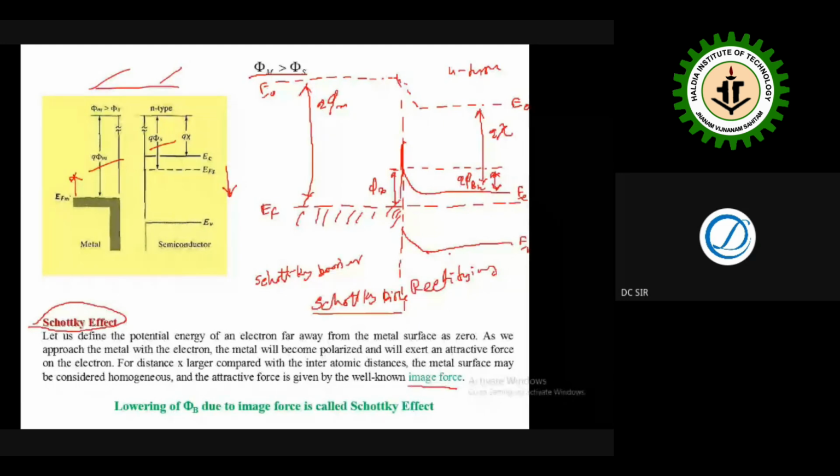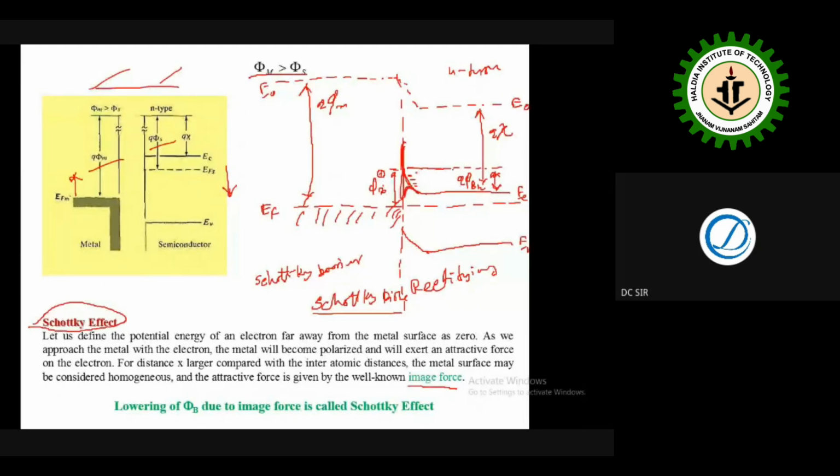For example, this is the metal surface. If electrons are accumulated at the surface, then at the same distance at the metal side an opposite charge is created. Due to this charge there is a force called the image force, and this image force makes this barrier lower.